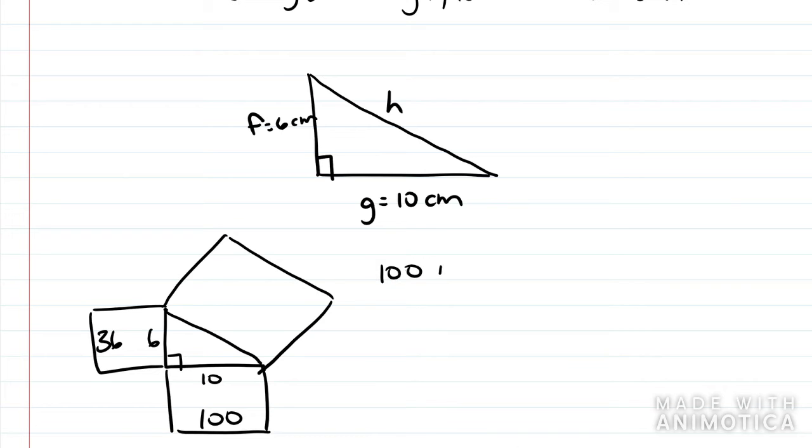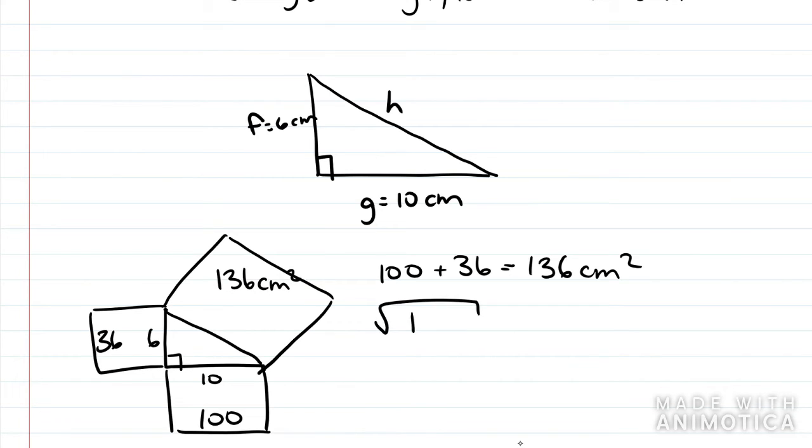Well, 100 plus 36 gives us 136 centimeters squared. Now we need to find the square root of that, which gives me approximately 11.66, but we want to the nearest centimeter, so it's going to be approximately 12 centimeters long.